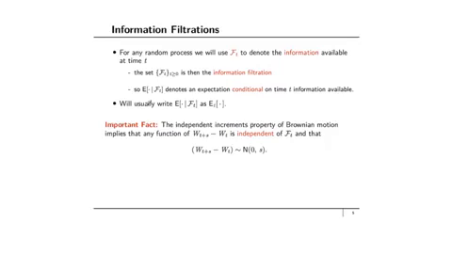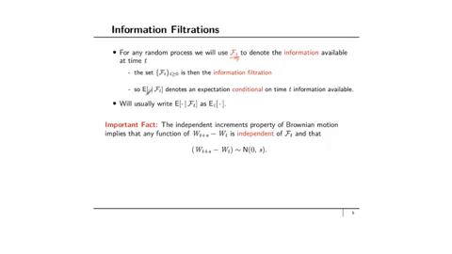On this slide, I want to introduce an important fact about Brownian motion, but before I do so, let us review what we mean by an information filtration. For any random process, we will use Ft to denote the information available at time t. And then Ft for all values of t greater than or equal to 0 is called the information filtration. We actually discussed this in a previous module when we introduced martingales.